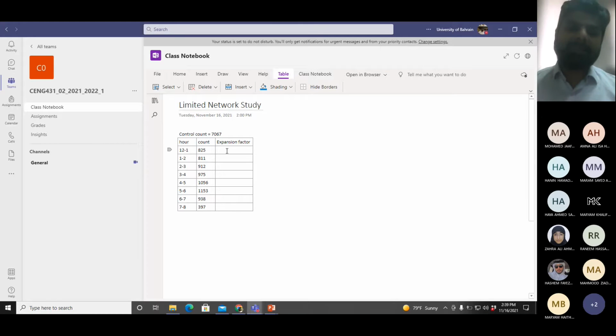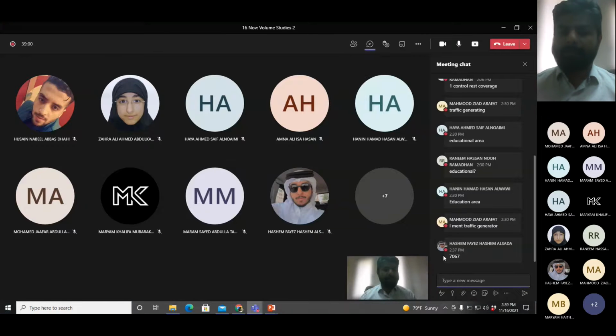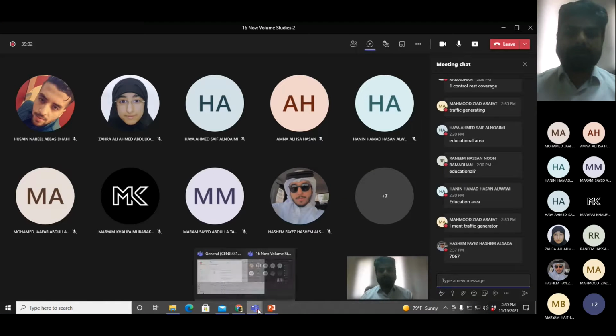Now how do we calculate the expansion factor? As I said, it is the proportion of total traffic coming in that hour. So for the first hour, traffic is 825 and the total is 7067. Give me the expansion factor for the first hour.